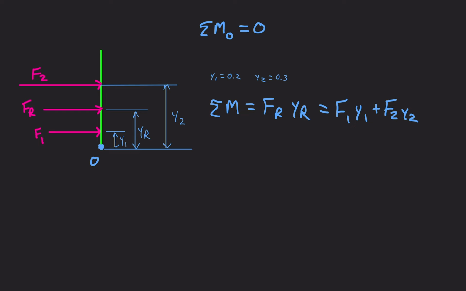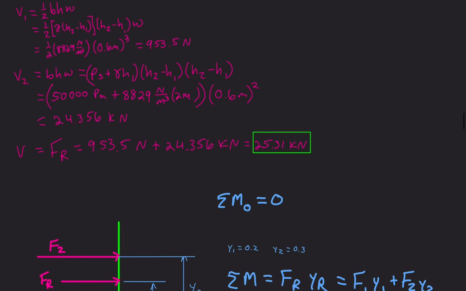That's the only unknown in this case. We solved for force due to the triangle, force due to the square, and the centroidal locations of those respective forces. So YR is equal to F1 Y1 plus F2 Y2 divided by FR.